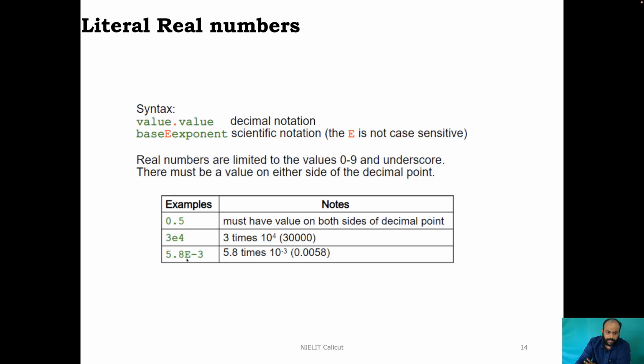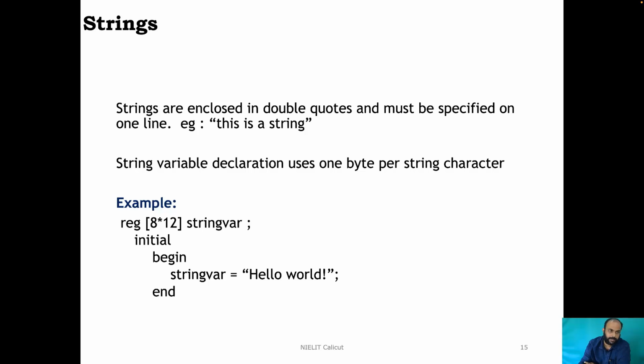Similarly 5.8e-3 represents 5.8 times 10 to the power of minus 3. It must have values on both sides of the decimal point when you are specifying like this. Here e need not be case sensitive, otherwise please remember the whole of Verilog is case sensitive. By that I mean all keywords which we use in Verilog should be in small letters.